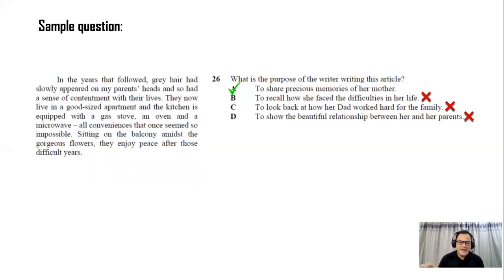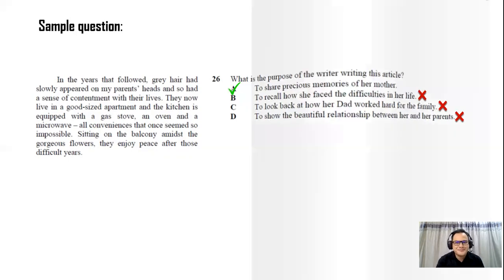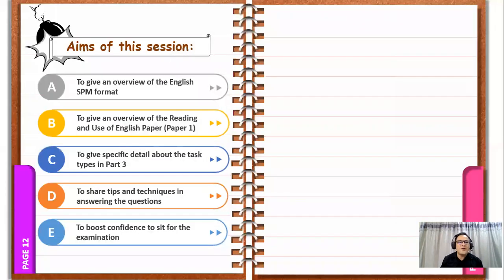So that's 8 questions, question numbers 19 to 26 in part 3. We have discussed all of the questions. I hope that from this session, I managed to give you an overview of the English SPM format, as well as an overview of the Reading and Use of English paper, which is paper 1.